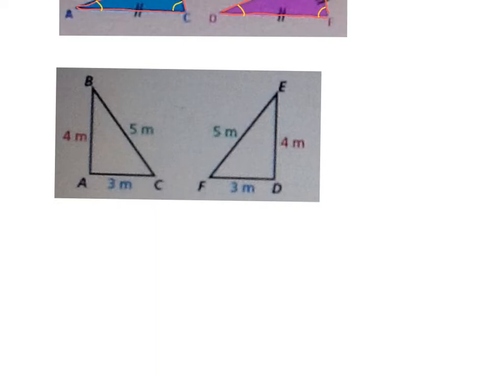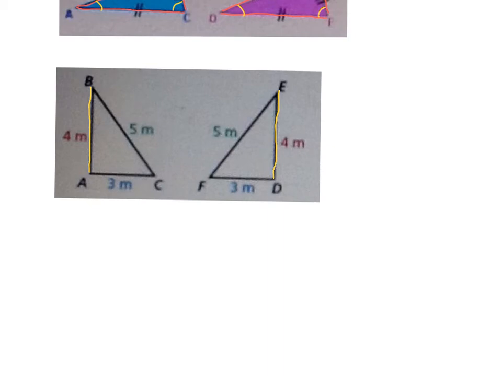Okay, so let's first look. I'm going to do different colors. Let's look at AB or BA. That's the longest. This is a long straight side, and this is the long straight side, right?